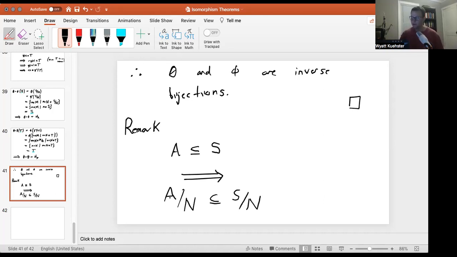This is the set of cosets a plus N, where little a is in A, and this is the set of cosets s plus N, where little s is in S. And if A is contained in S, then there are more things in the right-hand side one. So it's an inclusion preserving bijection. In fact, it is a lattice isomorphism, but we're not going to talk about it.